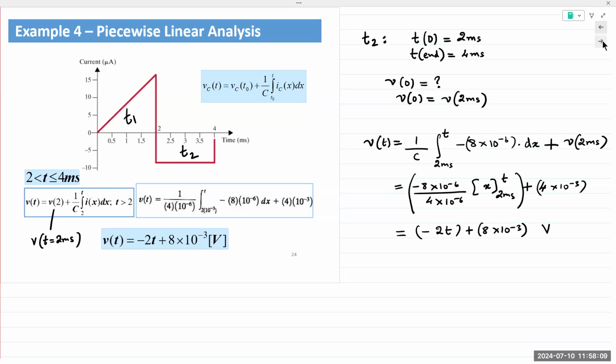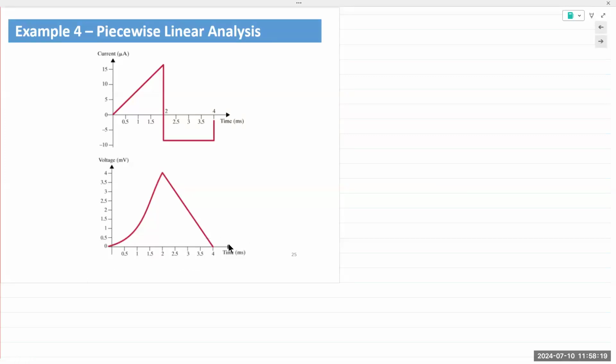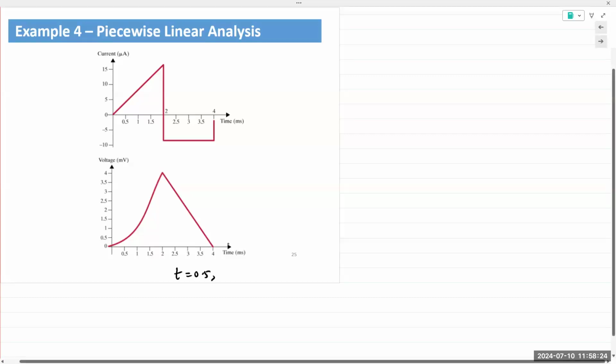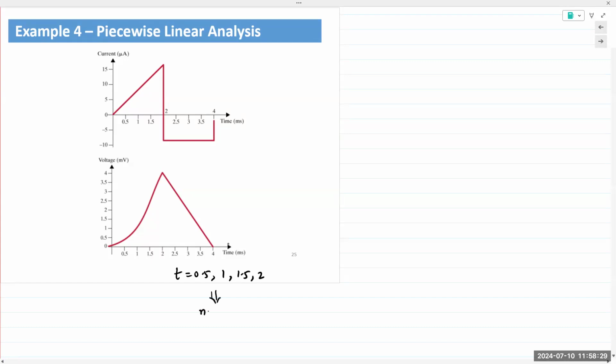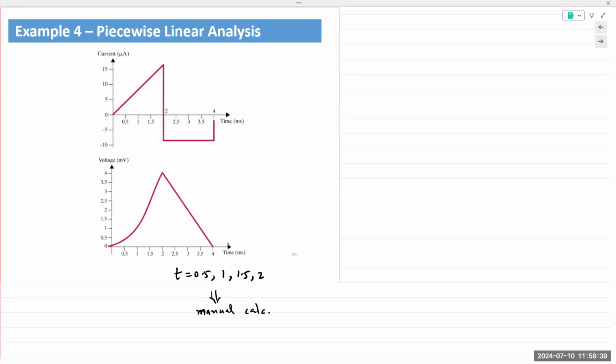All right, so in the old days, when we had to plot this, we would actually write out the steps. We would take the equation and plug in t equals 0.5, 1, 1.5, 2, and manually calculate the voltage for every single point. Now, of course, you can simply plot this in MATLAB, any spreadsheet, anything you want.